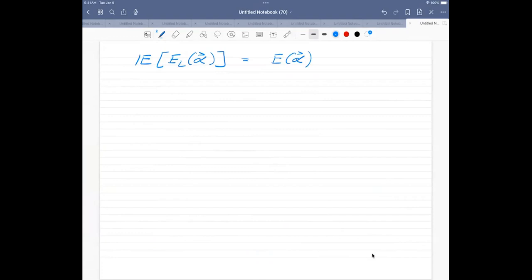Okay, this is just for simplicity. Then we are going to perform a Taylor expansion. I'm going to calculate derivatives. So I will need the gradient of E of alpha, and I'm going to label this as G of alpha.